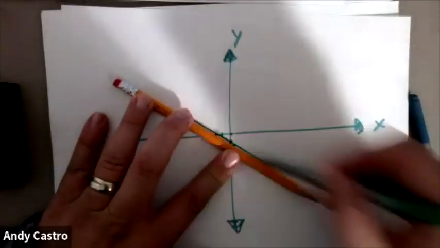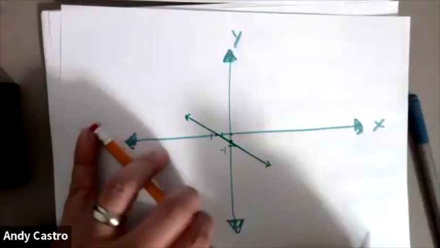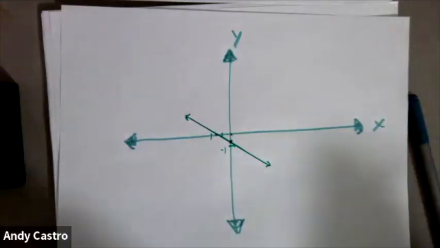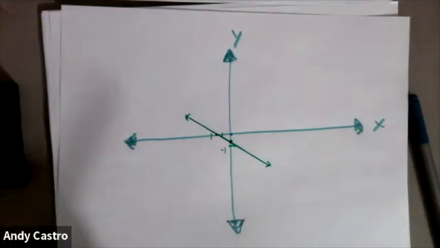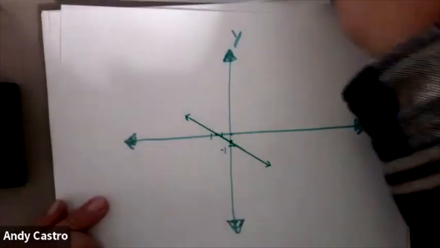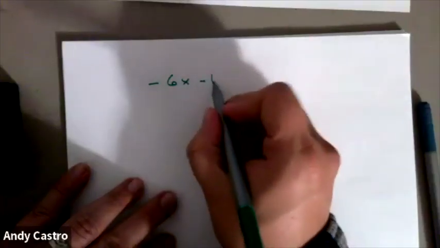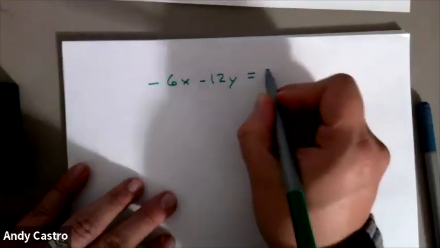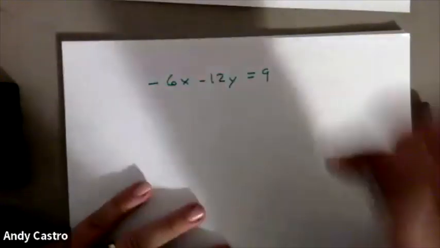So from standard form, I can plug in some x and y and be able to find the line. The other thing that I can do, with the same line, same equation, standard form, negative 6x minus 12y is equal to 9, I can also convert this into slope-intercept.